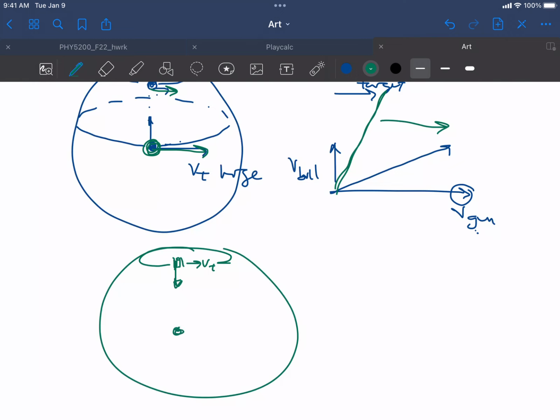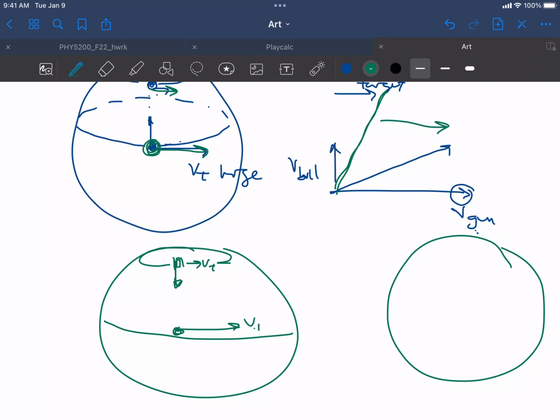But my target is down here closer to the equator, and it's moving with a very fast tangential velocity because it has to go all the way around a much larger radius in one day than does this point up here at a higher latitude.